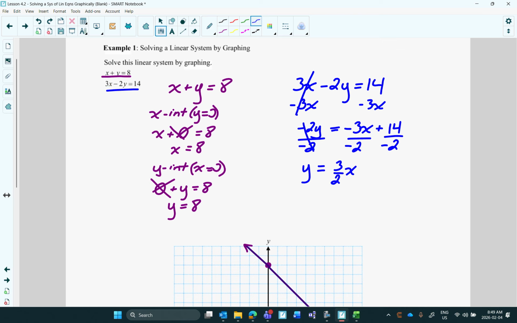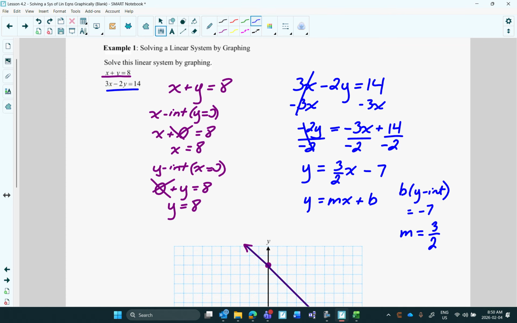What do I get? -7. Now we're in slope-intercept form. Now we're in y equals mx plus b form. What's the y-intercept? -7. What's the slope?